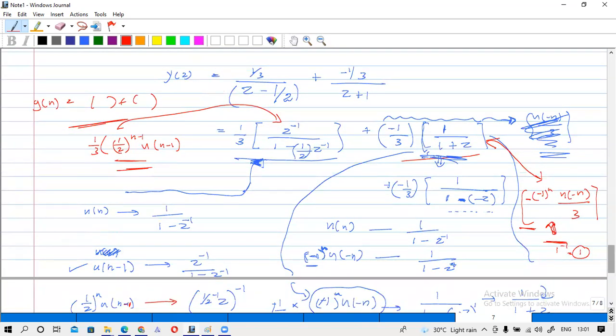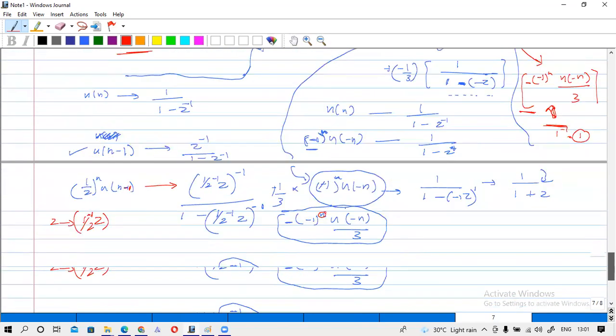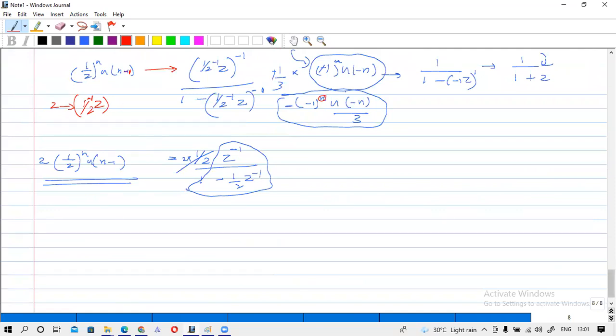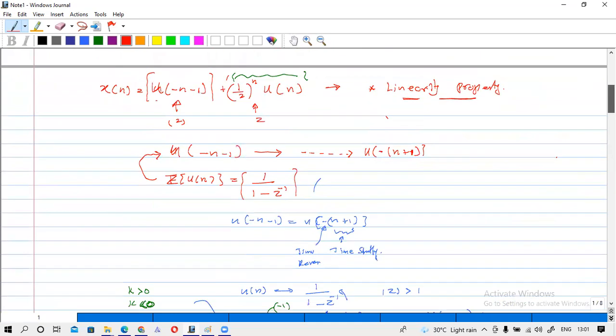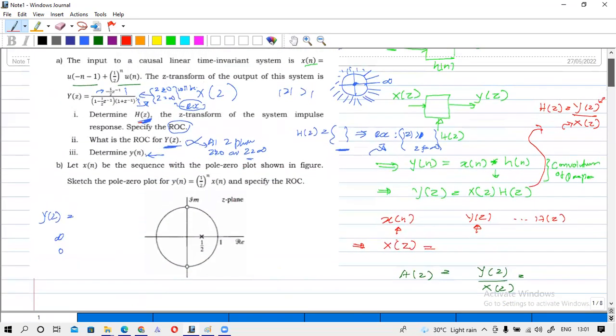I think the time has passed, but we have to do some questions, otherwise it is not good. So now we have done this one. We have done this one also. I hope it is okay. So how do we perform this? First we get the partial fraction.